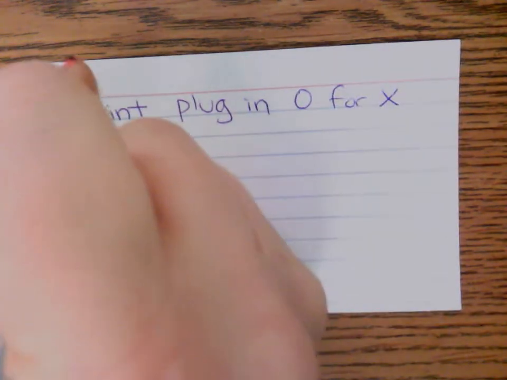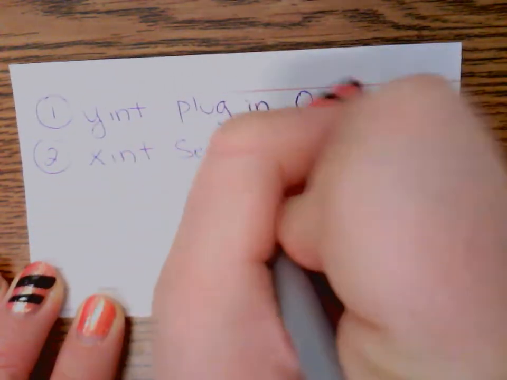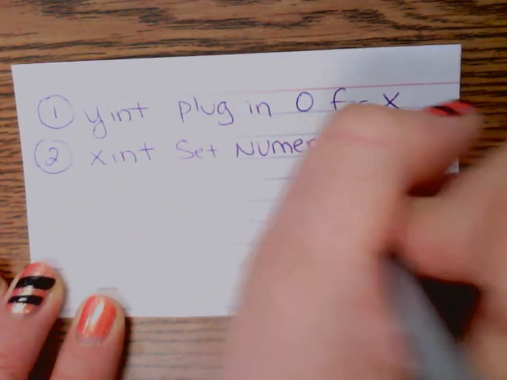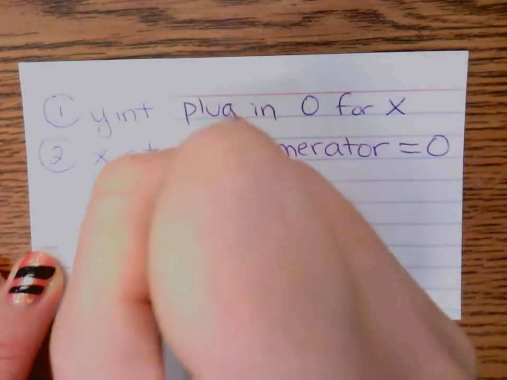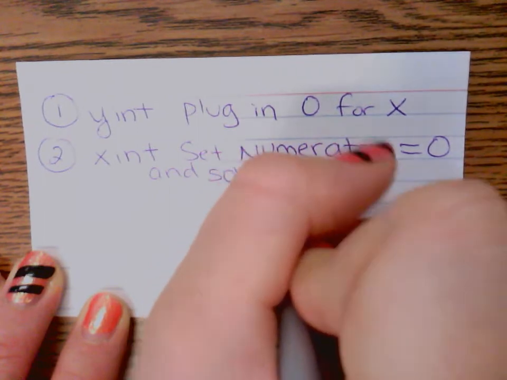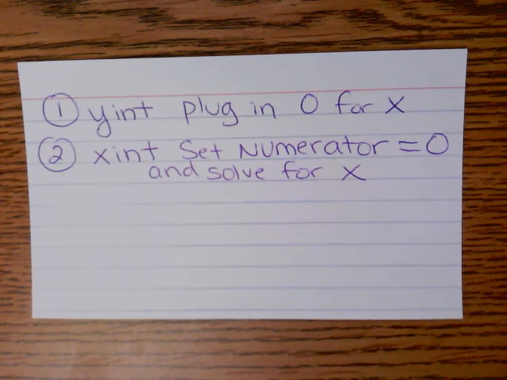All right, so step 2, I find my x-intercepts by setting the numerator, I'll write out numerator, equal to 0 and solving for x. So you set your numerator equal to 0 and solve for x, and that will give you your x-intercepts.